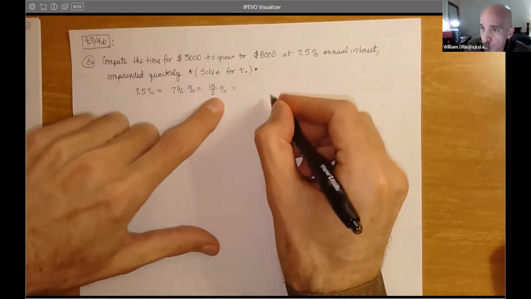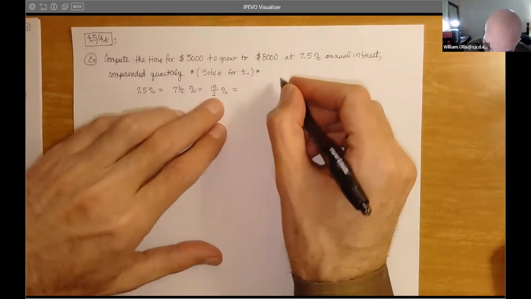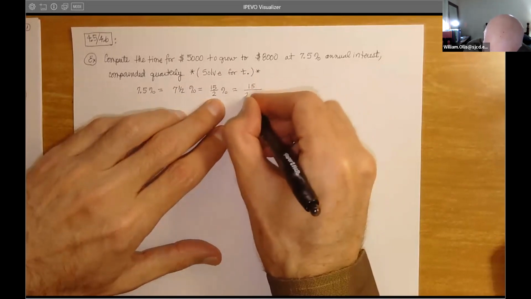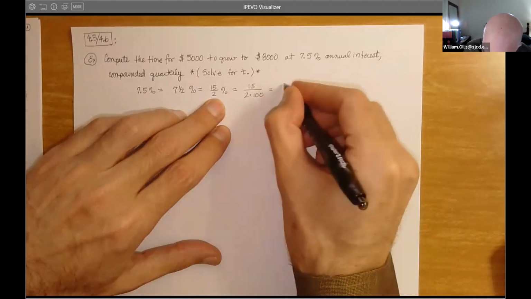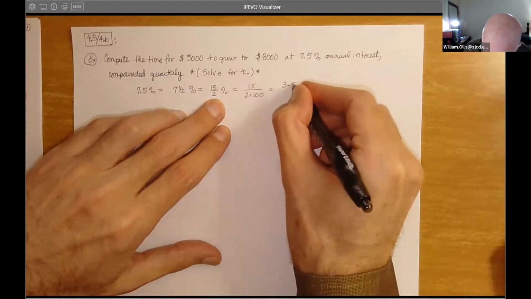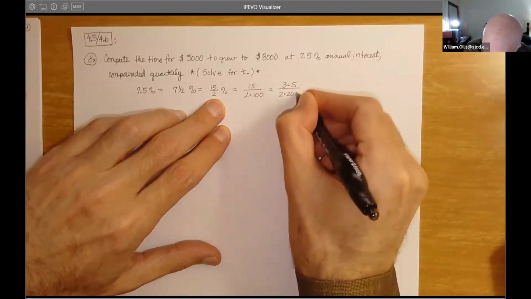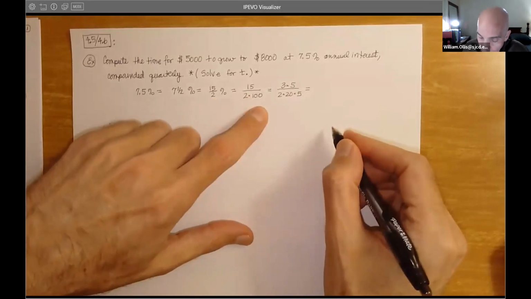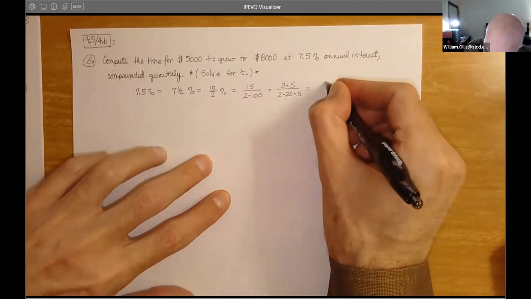And then we can write the percent as a fraction by dividing by 100, of course, what we always do. So we have 15 over 2 times 100. And of course, we can factor 3 times 5. And then we have 2 times 20 times 5, obviously. So 5 divides the 15 and the 100. The 5 is absorbed, and we're left with 3 over 40.